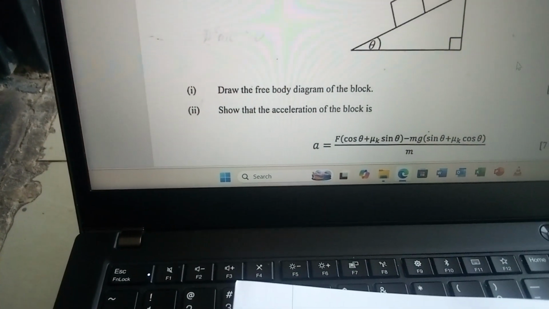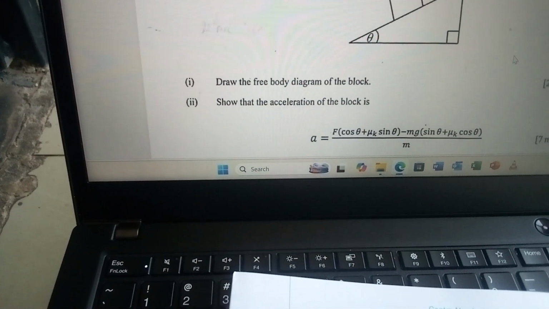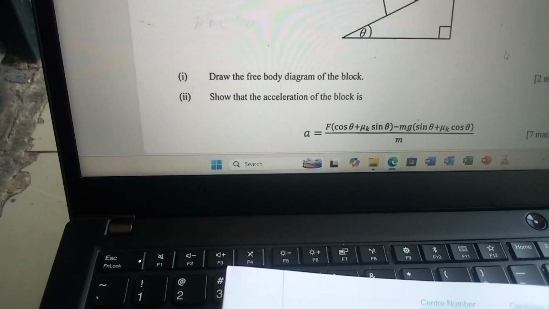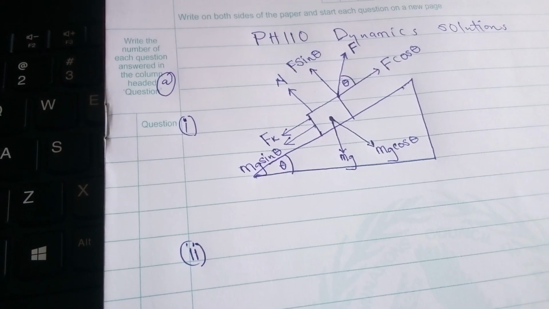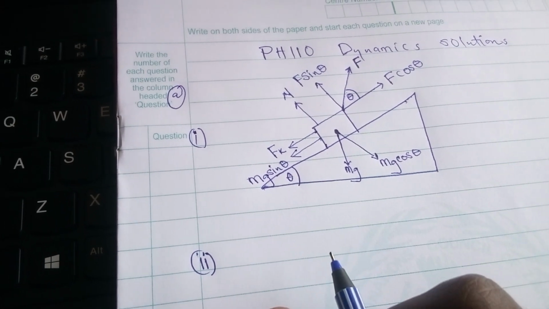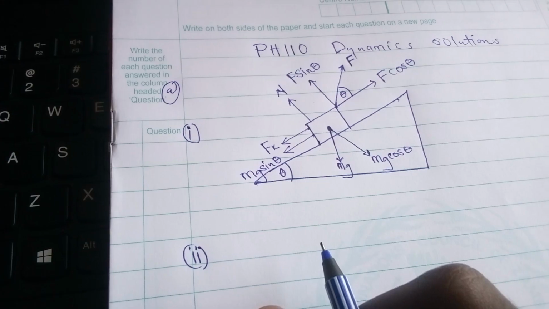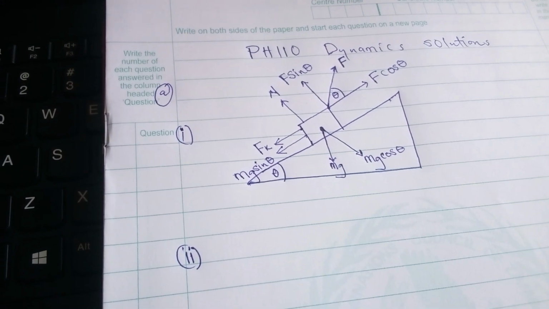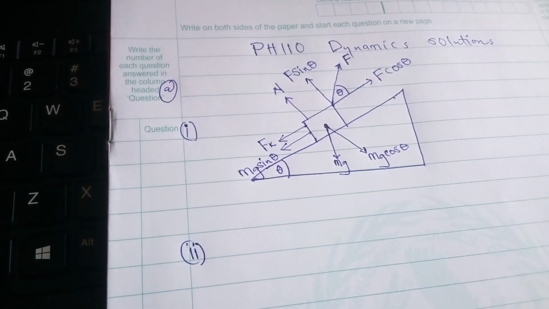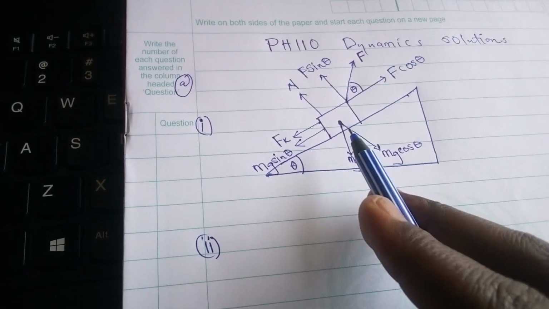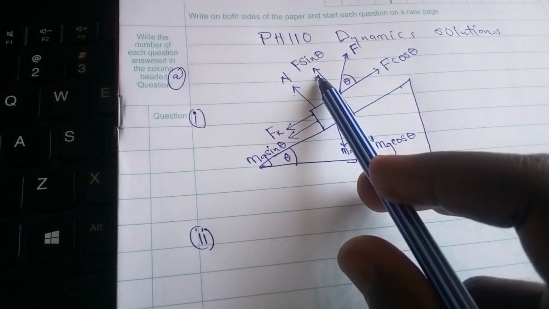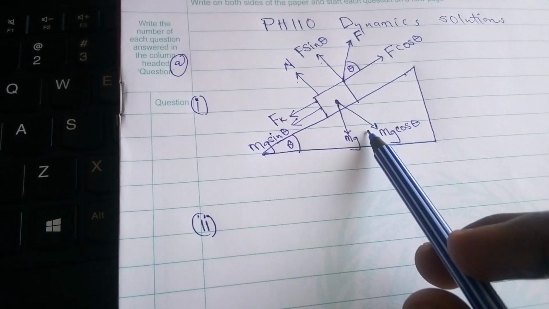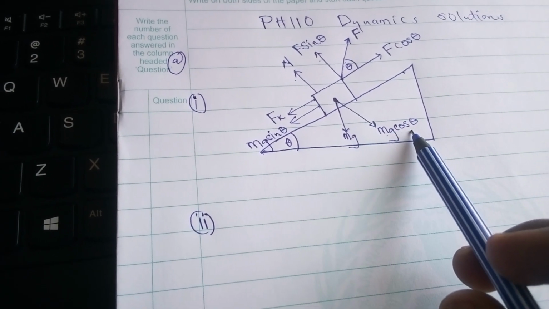So we proceed to question 2, where they are saying show that the acceleration of the block is that. What you should bear in mind is that we first have to obey Newton's second law. We are going to add all the forces acting upward and equate them with mg cos theta.